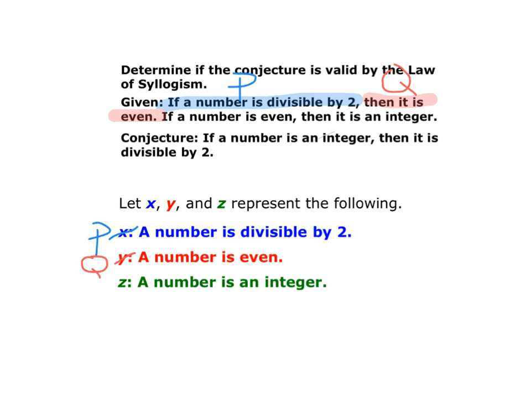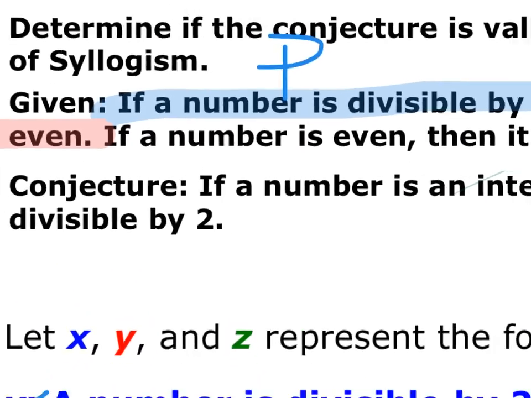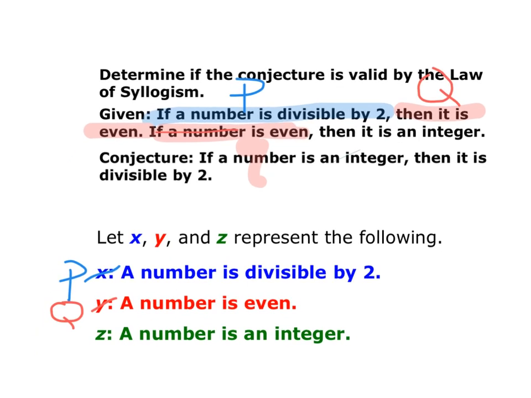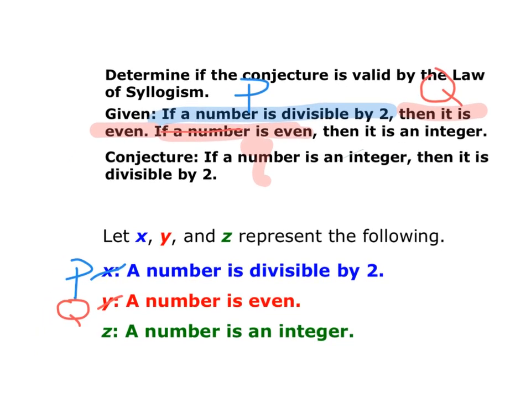So if a number is even, what would that be? If a number is even, that's our Q. Then it is an integer. Have we seen that phrase before?